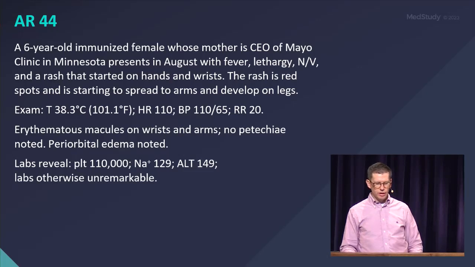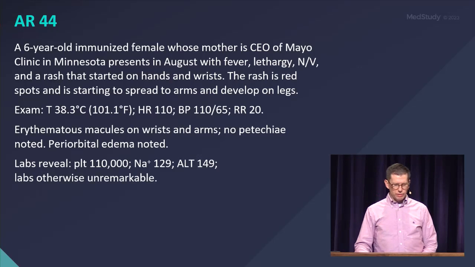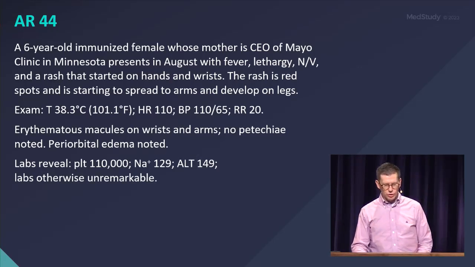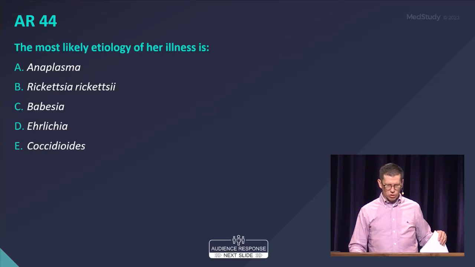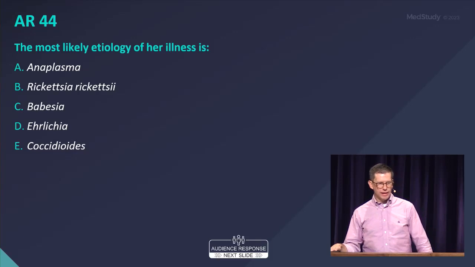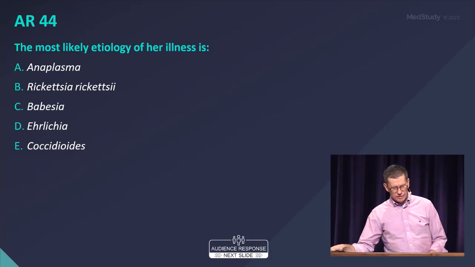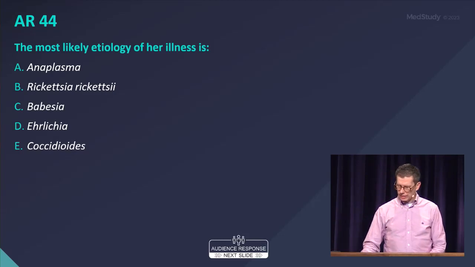No petechiae are noted, and there is periorbital edema. Labs show a platelet of 110,000, sodium of 129, and an ALT of 149, but the labs are otherwise unremarkable. Most likely etiology of her illness is A, Anaplasma, B, Rickettsia, C, Babesia, D, Ehrlichiosis, or E, Coccidioides.